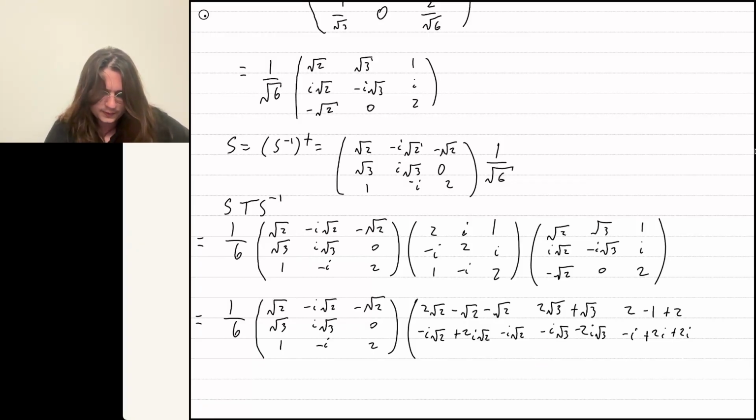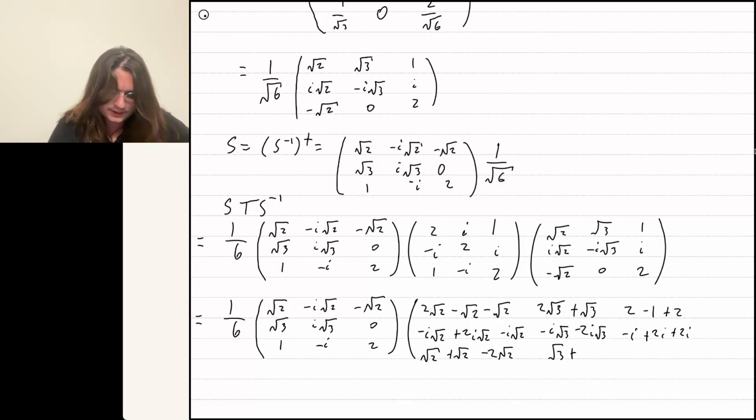And then we have root 2 plus root 2 minus 2 root 2, i root 3 plus root 3. No, that's not right. It's 1 times root 3, so root 3, plus root 3. No, it's minus root 3.